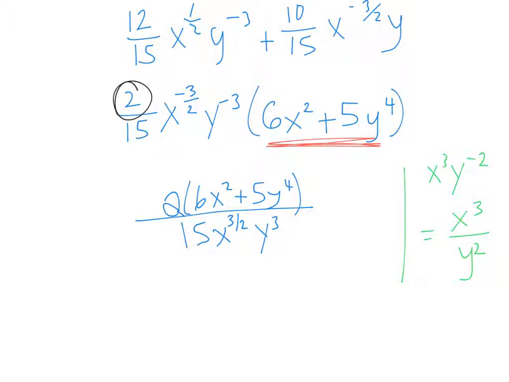I do want to review trinomials very briefly, super briefly, just to remind everyone. So if you have something like this, a trinomial, and you have to factor it, what would you do first?